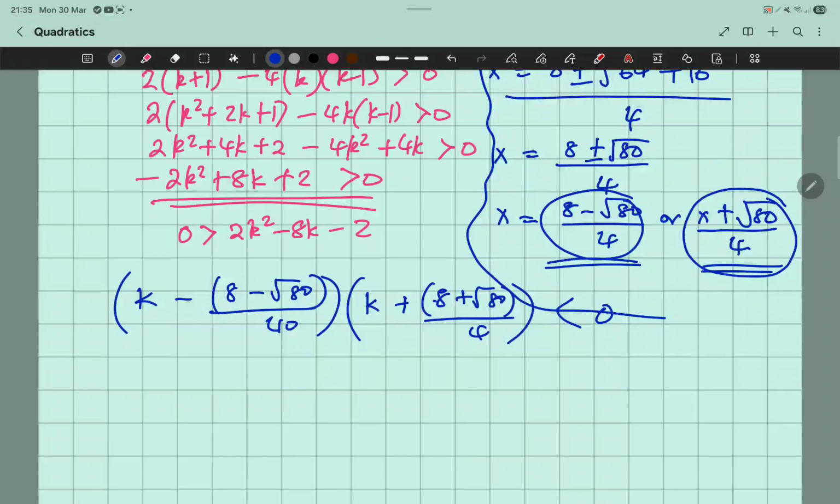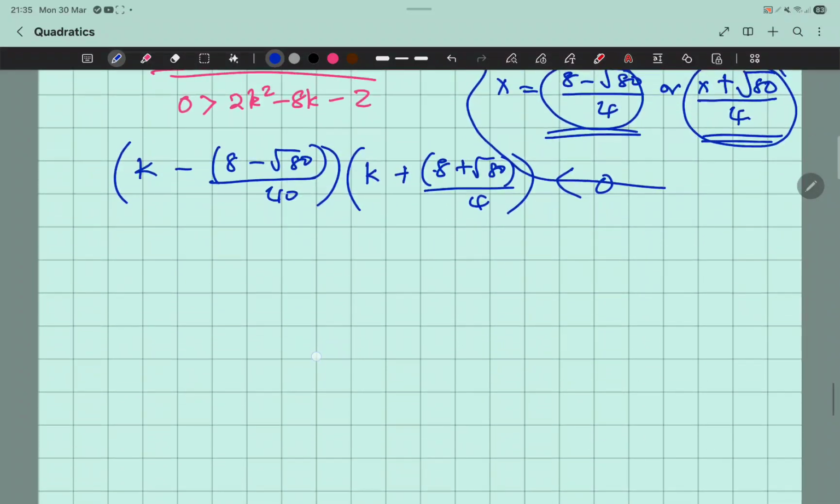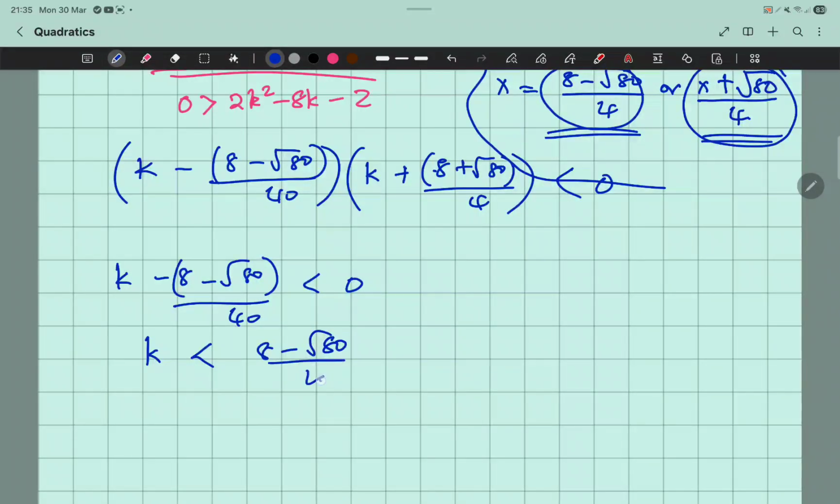So now we can solve for each. So k minus (8 minus root 80) over 4 is less than 0. So k is less than 8 minus root 80 over 4, not 40, sorry, over 4.